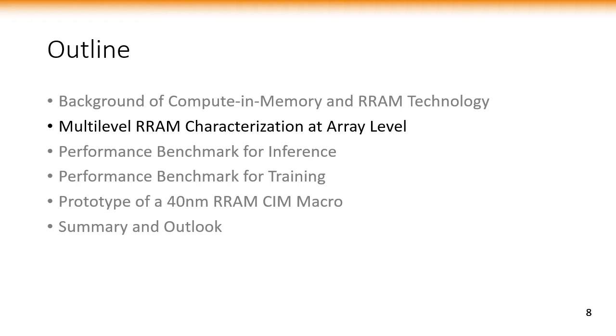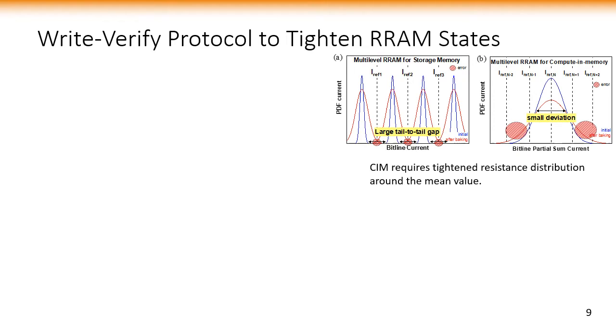Okay, next we are going to use this XNOR RRAM 90 nanometer test vehicle to characterize RRAM's characteristics at the array level. First of all, we need to tighten the RRAM resistance distribution if we want to use it as multi-level memory.